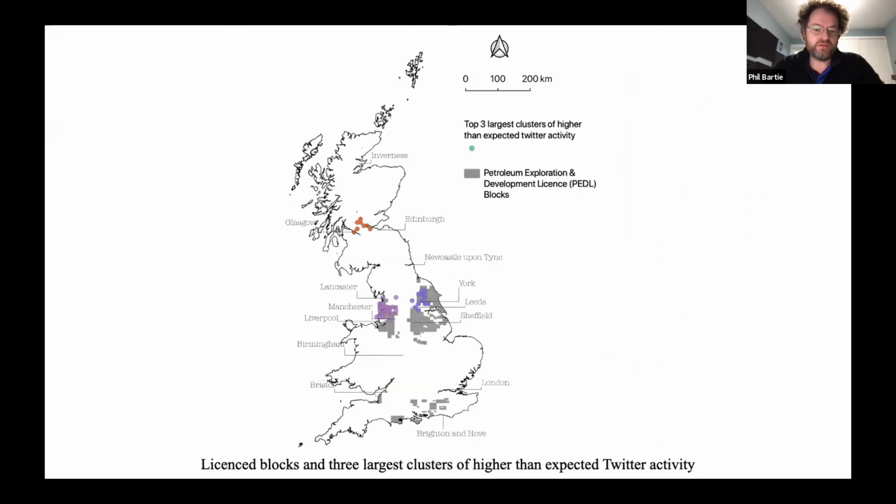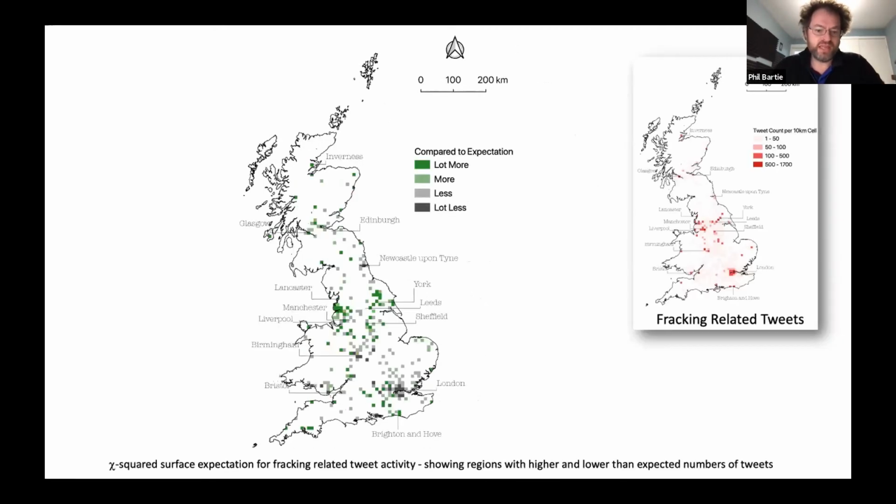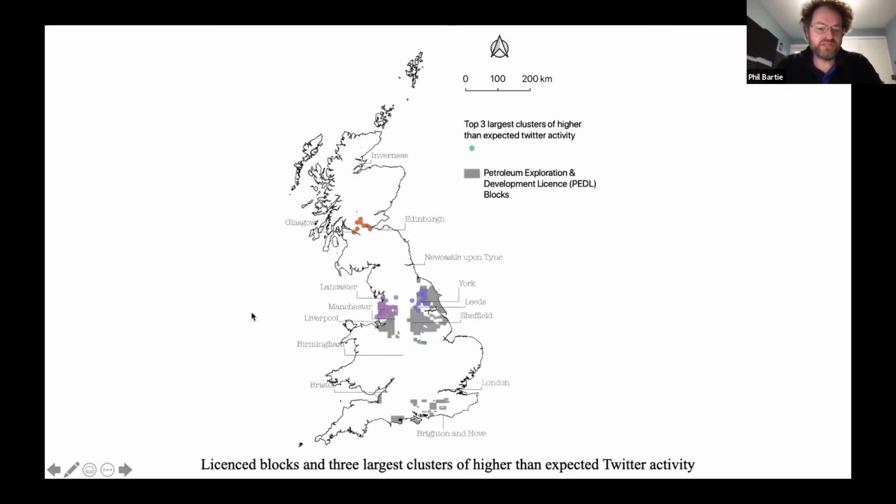If we look at the spatial clustering, what I'm doing here is looking at where we've got many green cells together. We basically clustered those using dbScan with a 20 kilometer epsilon. And these were the top 3 hotspots in terms of most tweets near each other, where there's a lot more activity, more people interested in tweeting about fracking than you'd expect.